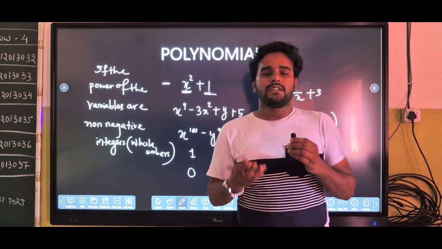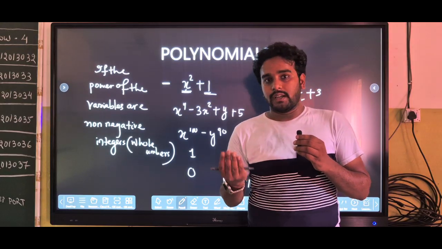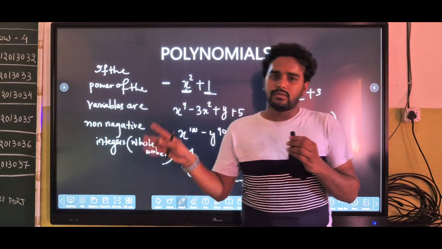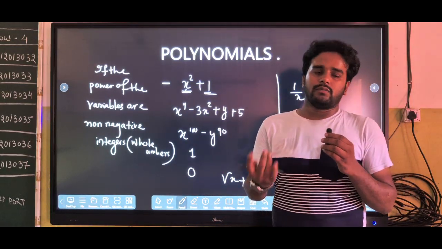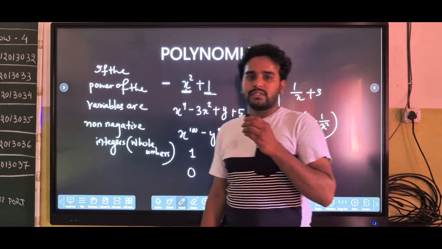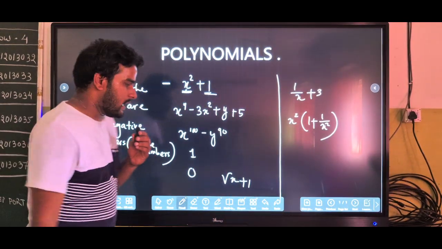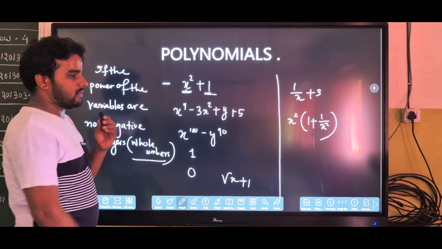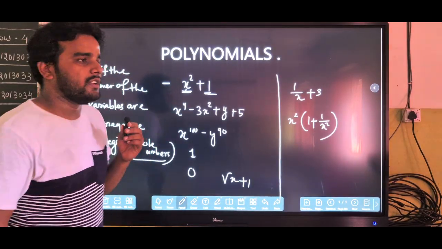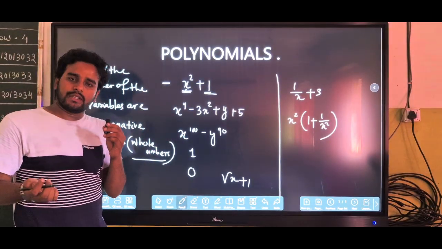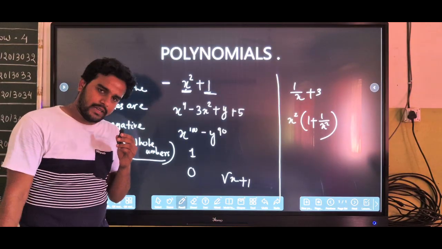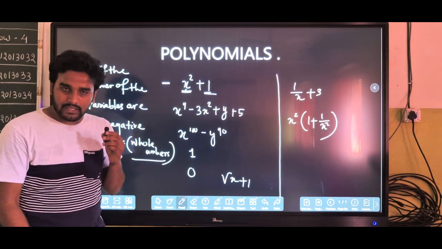Non-negative integer means what? 0, 1, 2, 3, 4, 5 up to infinity. All the natural numbers including 0, which I have also termed as whole numbers. So in the expression, if the exponent is a whole number, a non-negative integer, then only it will be called a polynomial.